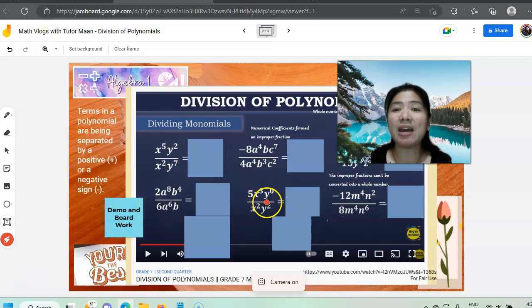So we just have one term. Again, terms in a polynomial are being separated by a positive sign or the plus sign or a negative sign or the minus sign. I hope that is clear. So we are dividing a monomial by a monomial. So let's get started, shall we?